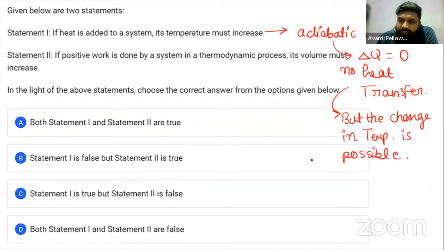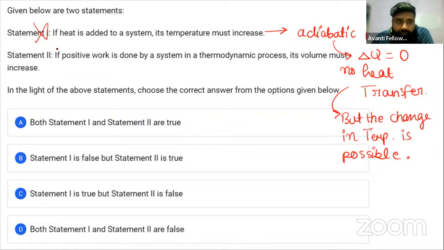So if the change in temperature is possible, which means if I'm compressing it, the temperature will increase, and in expansion, the temperature will decrease. So which means that without adding heat to the system, the temperature is increasing or decreasing according to the type of process that you are doing, either compression or expansion. This statement is not true for all the cases.